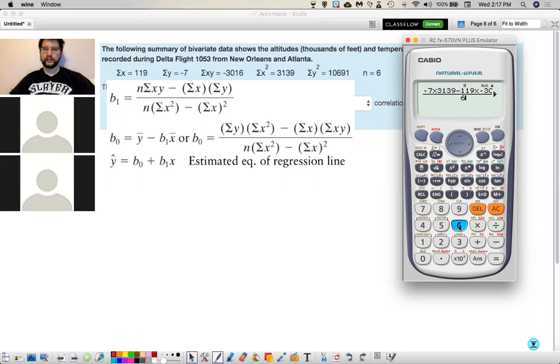Go down here, 6 times sum of x squared, 3139, minus 119 squared. And on that, you don't have to worry about parentheses. 72.102.